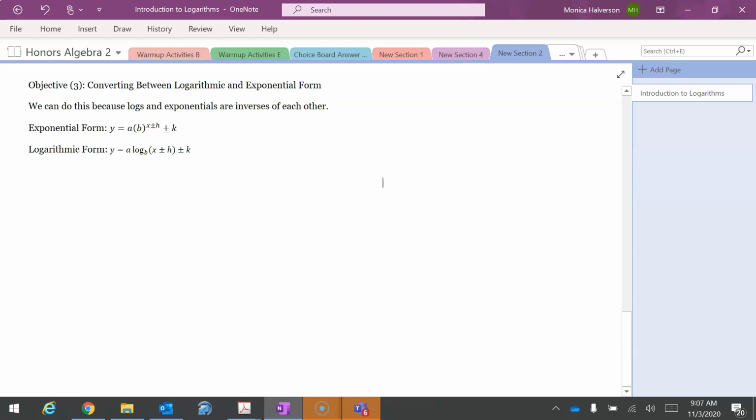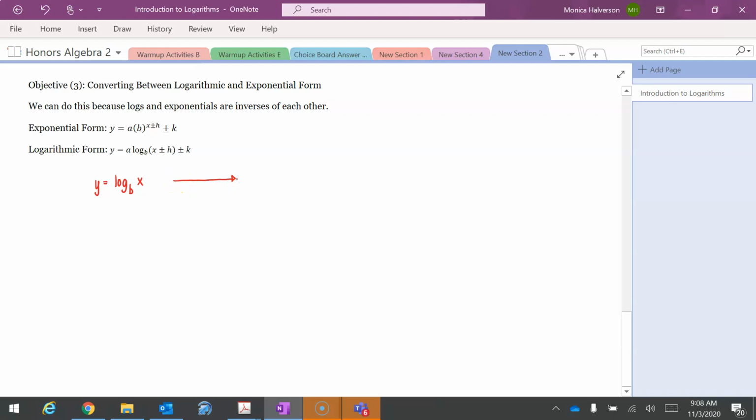So how do we convert between logarithmic and exponential? Well, let's talk about the most basic. Let's talk about y is equal to log base b x. Most basic logarithm. So how would you convert that logarithm into exponential form?